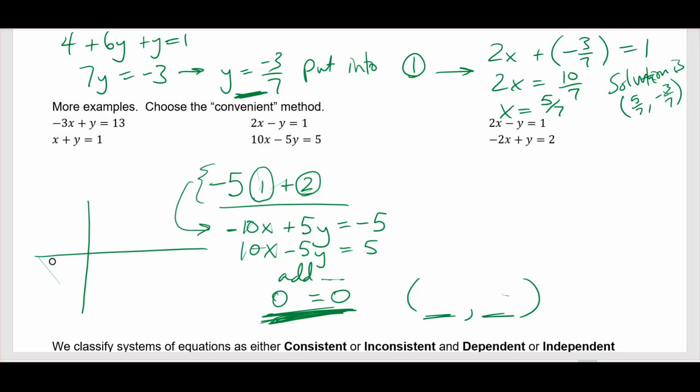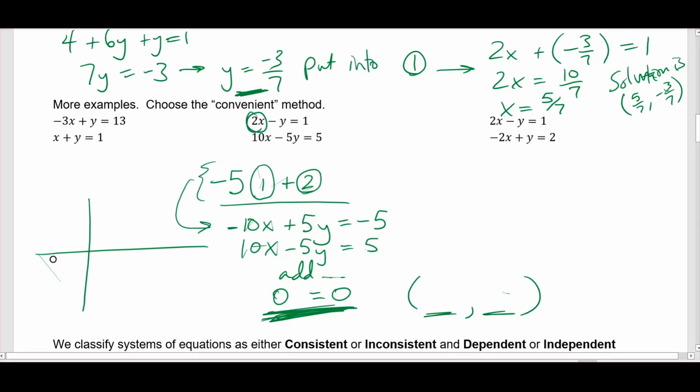Something that we're going to want to do is choose one of the variables to act as kind of a dummy variable, because it doesn't really matter what one of the variables is. As long as we choose a single value, like for example, if I picked x equal 1, I could find a y value that goes with it, right? And that's going to be part of my solution set.